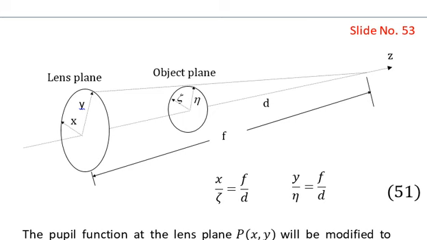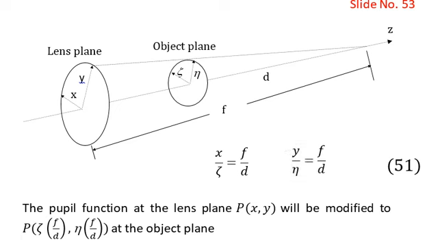Similarly, the shorter triangle which contains d as its base also contains two perpendiculars, both at 90 degrees to the z axis. One is the zeta axis, the other is the eta axis. So using the two congruent right angle triangles, we can immediately write that x over zeta is equal to f over d, and similarly y over eta is equal to f over d, as given in equation number 51.